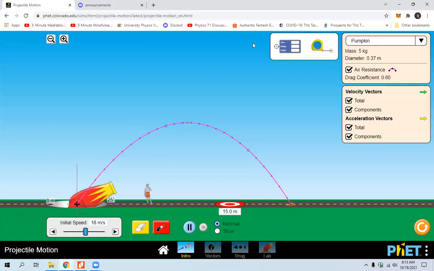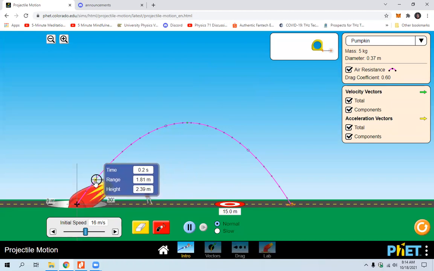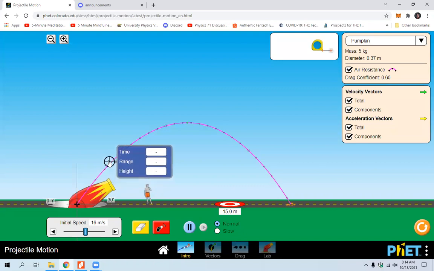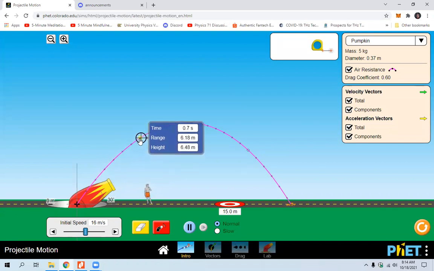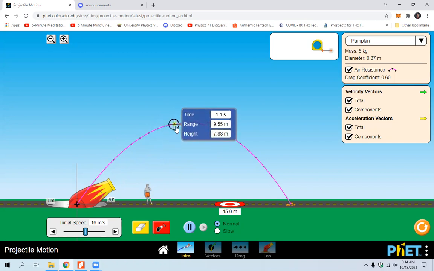I think kaya din naman to dito. So you have, halimbawa, for this trajectory here, may range and height ka naman for each dot on the trajectory. Which means, bawat range mo ay ang magiging X value and ang bawat height ay ang magiging Y value.